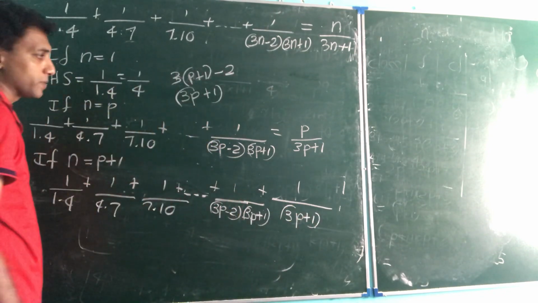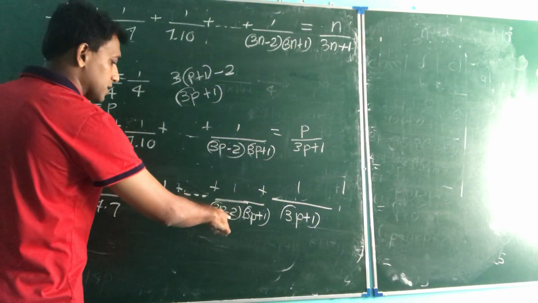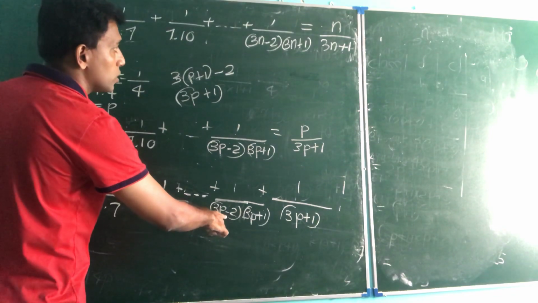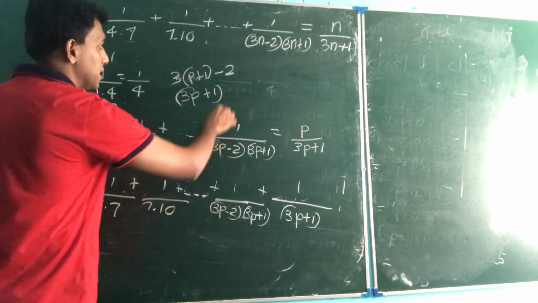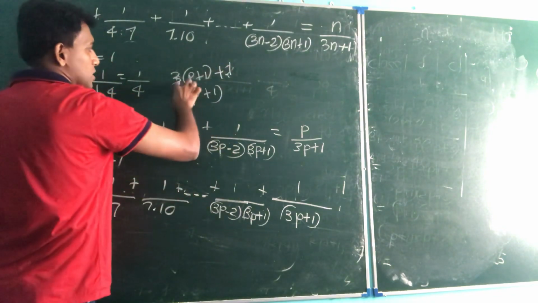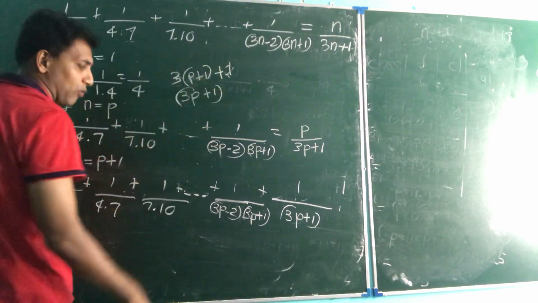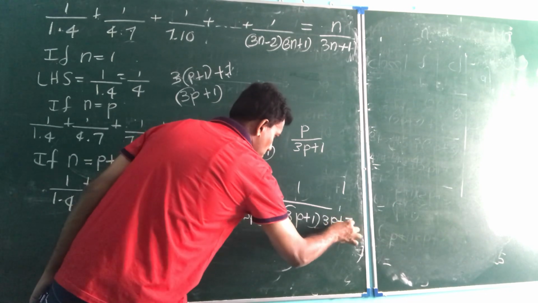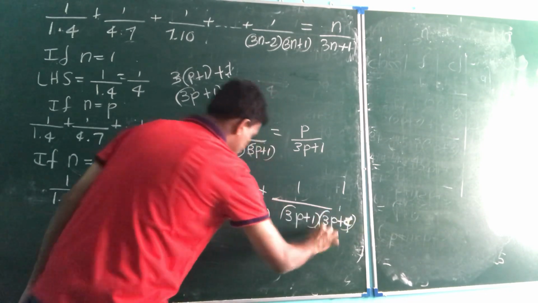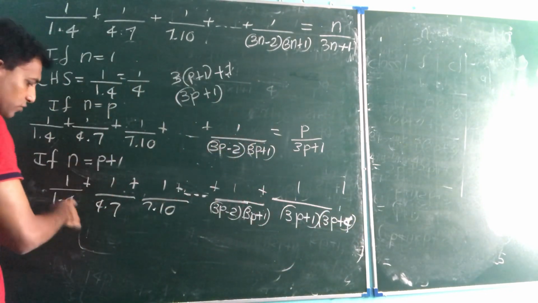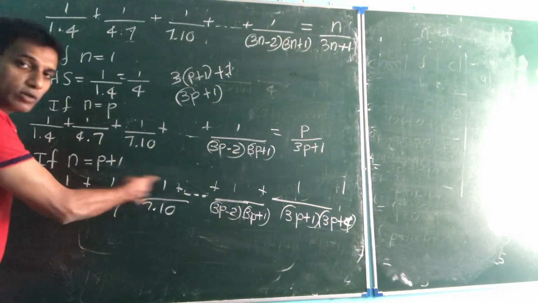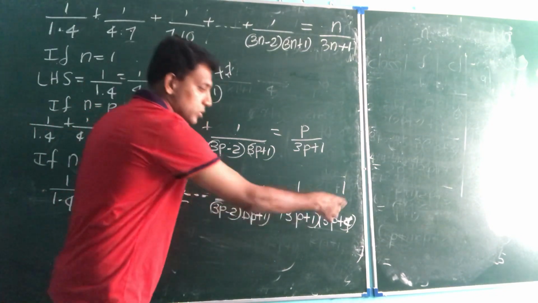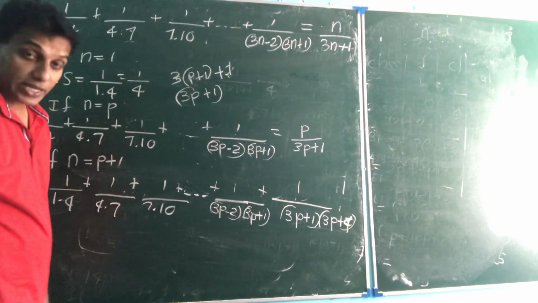And the other: 3p minus 2 becomes 3p plus 1 here, then plus 1 comes, so 3p plus 3 and 1 is 4, 3p plus 4. See, 3 more each time: 1, 4, 4, 7, 7, 10, 3 more. So that's the answer, LHS.